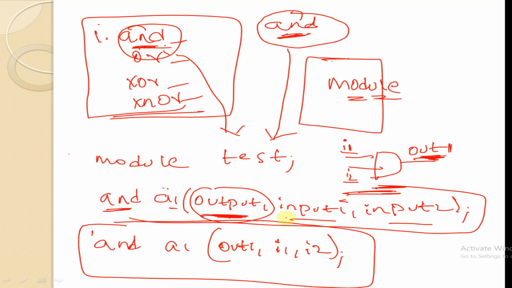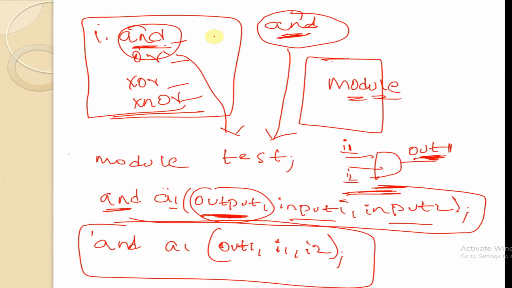Like this, we will use the gate level primitives. If we want an OR gate in our design, then we will simply write or, followed by a name for this instance. I will take O1, followed by the output. So for this OR gate, out2 is our output, followed by I3, I4.